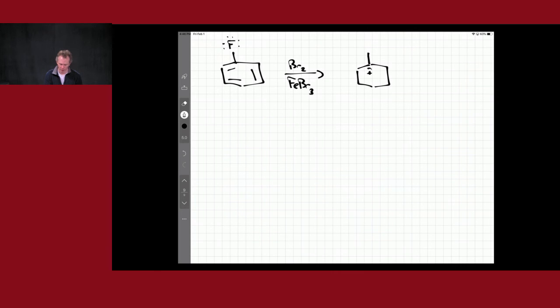I could get a situation, we'll do para, where that cation is on the carbon that is bearing the fluorine. But look what I can do with that fluorine. I know fluorine doesn't really like to share its lone pairs, but I could draw a resonance form using those lone pairs, just like I did with the oxygen or the nitrogen.